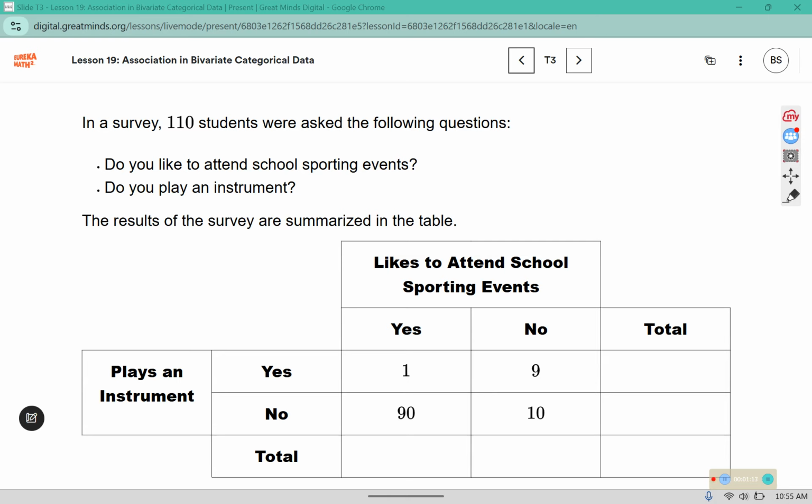We're going to revisit this question later, but the way we look for an association using qualitative data is if there's a relationship between liking sports and playing an instrument. If there's some kind of pattern, or if one helps us predict the other variable. So, for example, if you're someone who does not play an instrument, are you more likely or less likely to attend sporting events?